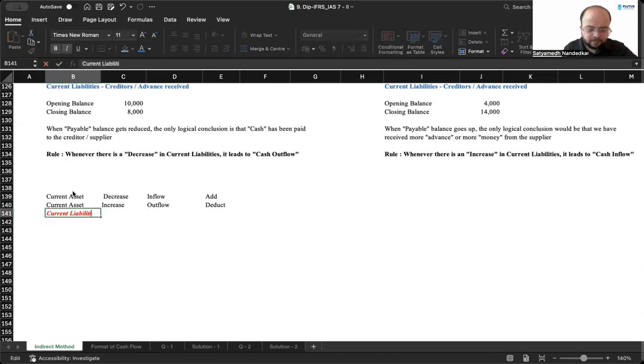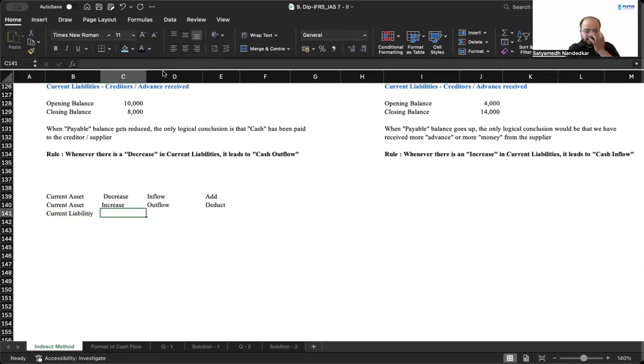Then current liabilities. Now, current liability increase. If current asset increase was an outflow, current liability increase would be inflow, add. And if current liability increase is an inflow, then current liability decrease would be outflow, that is deduct.